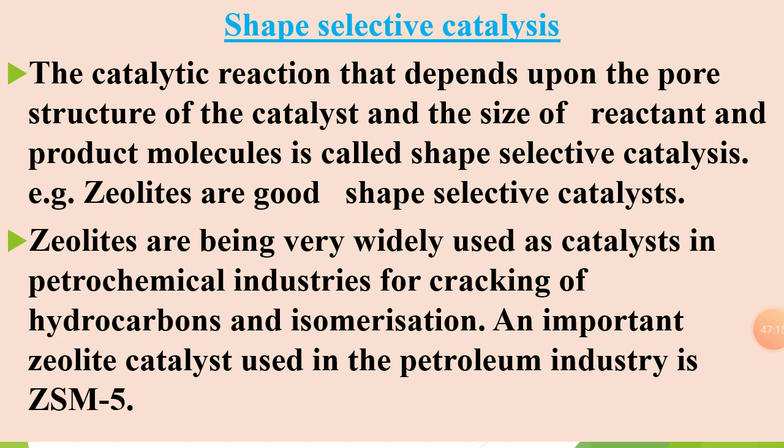Now zeolites can be explained like this. Zeolites are widely used as a catalyst in the petrochemical industry for cracking, meaning breaking of hydrocarbons, and isomerization, that is formation of isomers. The important zeolite catalyst used in the petrochemical industry is ZSM-5.